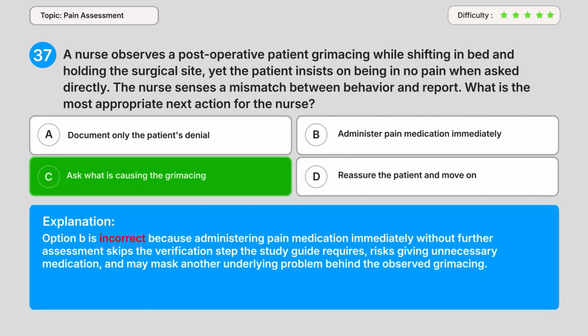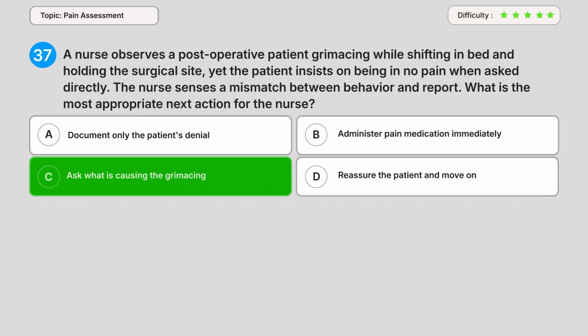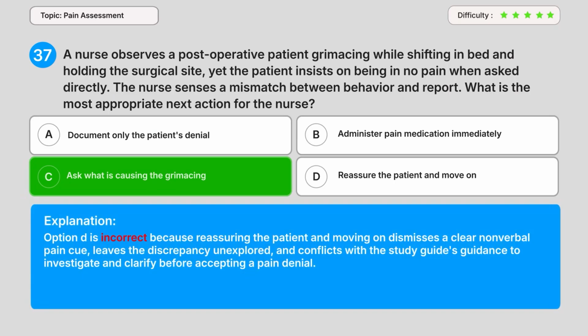Option B is incorrect because administering pain medication immediately without further assessment skips the verification step the study guide requires, risks giving unnecessary medication, and may mask another underlying problem behind the observed grimacing. Option D is incorrect because reassuring the patient and moving on dismisses a clear nonverbal pain cue, leaves the discrepancy unexplored, and conflicts with the study guide's guidance to investigate and clarify before accepting a pain denial.